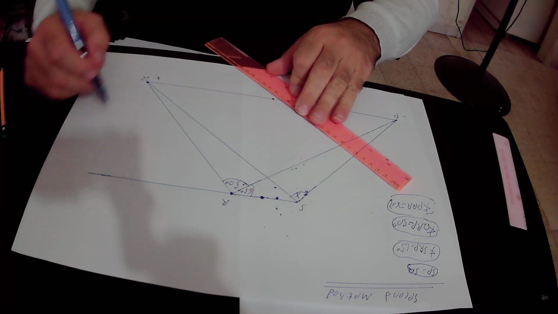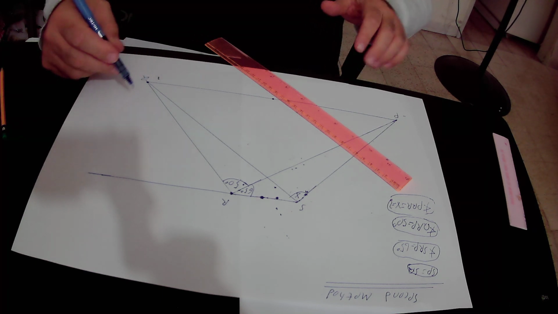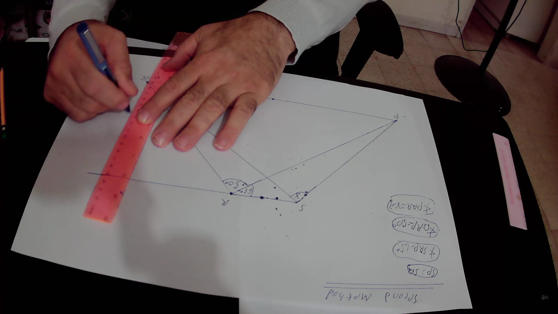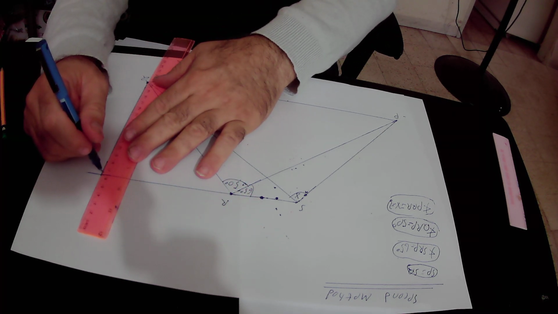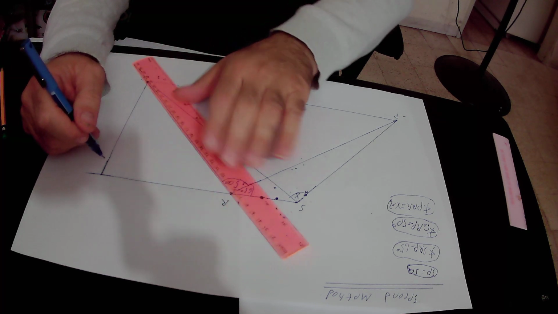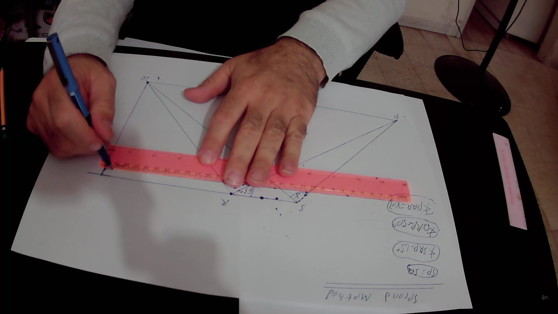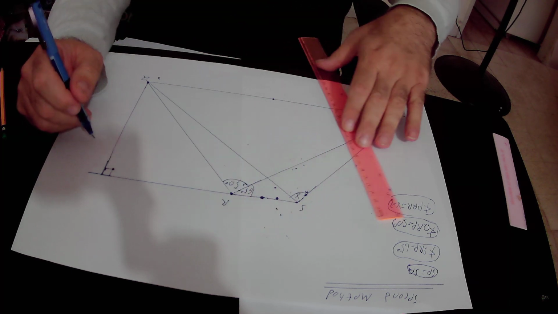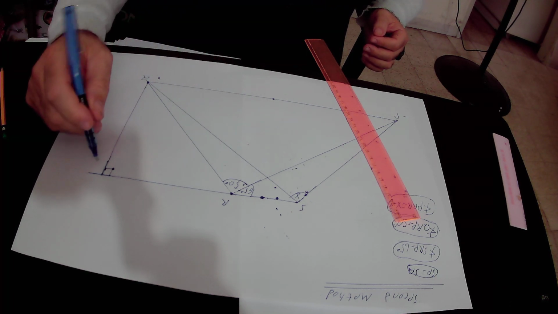We will raise a perpendicular from point Q to the extended SR. This is a right angle. It equals 90 degrees according to our construction, and we will define the touching point between the perpendicular and the extended SR as point M.